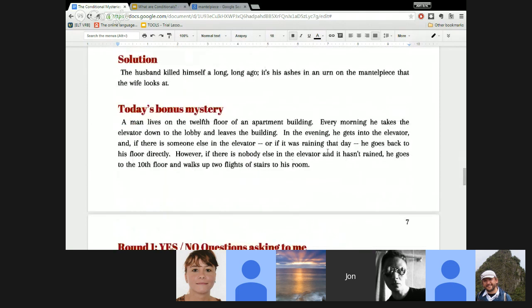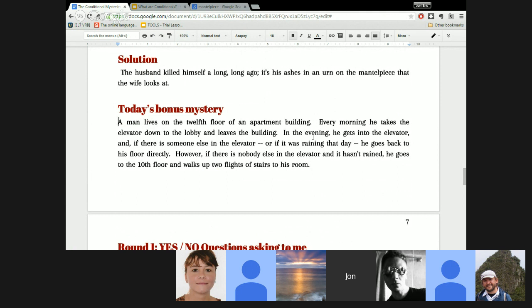A man lives on the 12th floor of an apartment building. Every morning he takes the elevator down to the lobby and leaves the building.